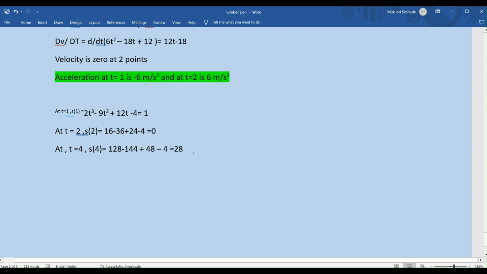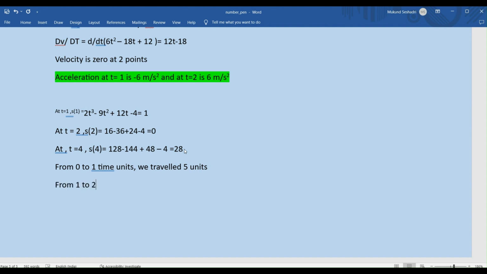So let me go back now. From 0 to 1 time units, we started from the point minus 4, we reached the point 1, so we traveled 5 units, right?